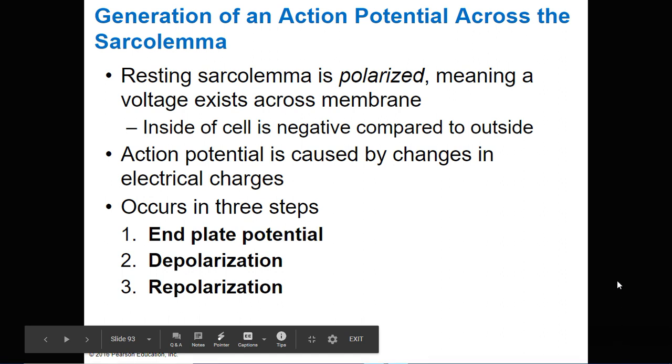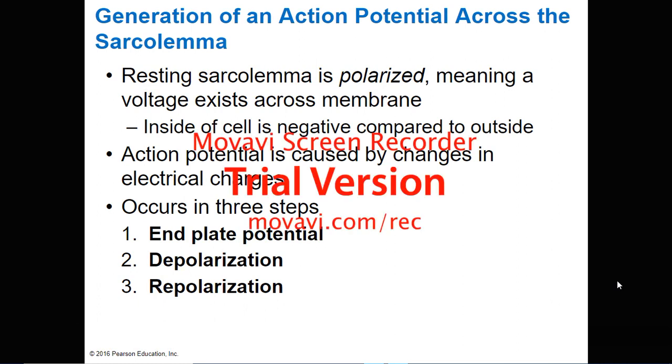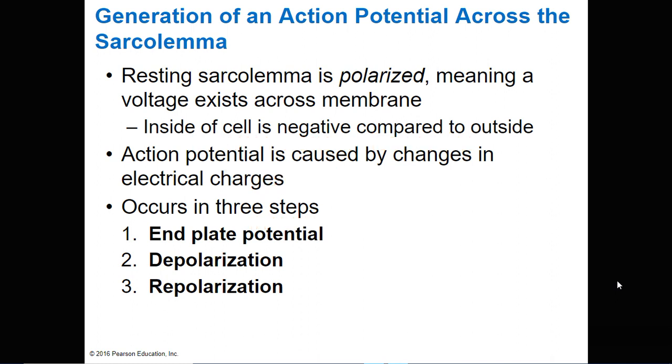As I talked about previously, the resting membrane potential inside the cell is negative, around negative 90 millivolts, and outside of the cell is positive. Essentially, an action potential is going to cause a change in this electrical charge.